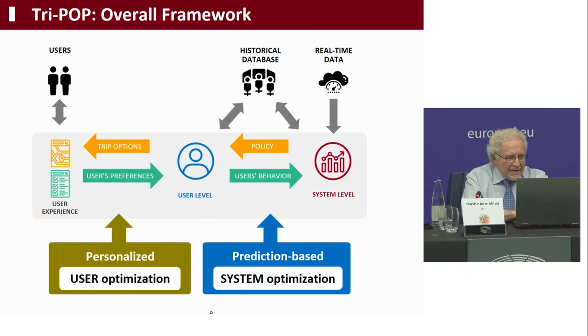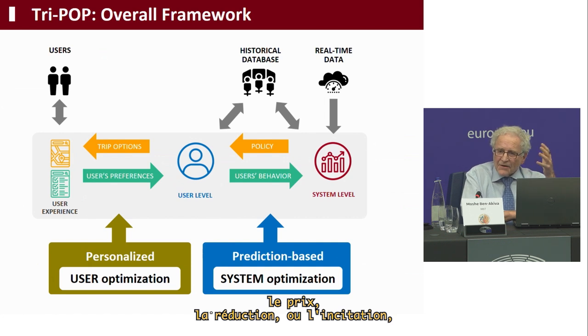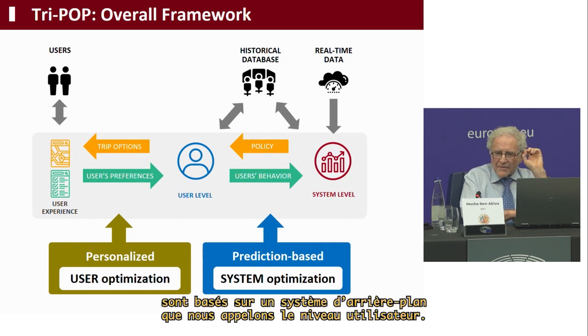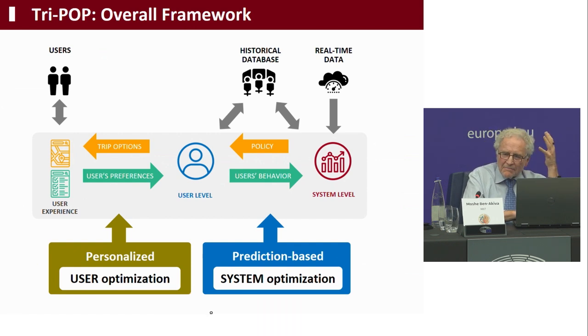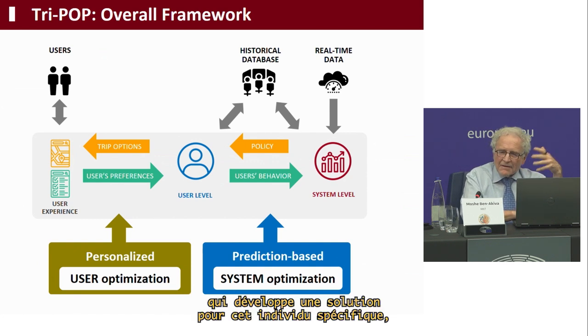Then the recommendation or the option presented to this individual, or the price, or the discount, or the incentive, is based on a back-end system, which we call here the user level. So the user device communicates with a back-end system that develops a solution for that specific individual.